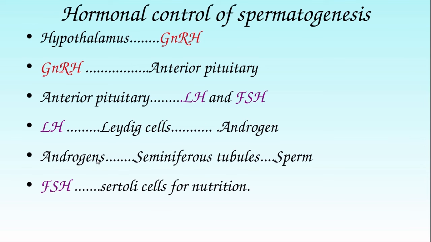These androgens act upon seminiferous tubules which produce the sperms, and FSH acts upon Sertoli cells and helps in the nutrition of the sperms. That's all about spermatogenesis and the hormonal control. I hope you all understood the concept of spermatogenesis and its hormonal control.